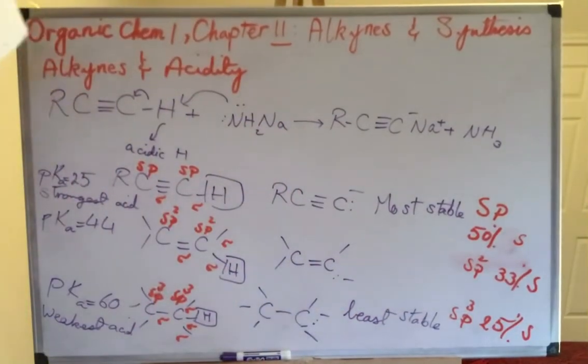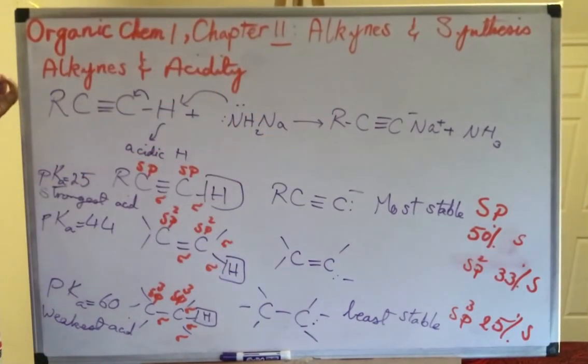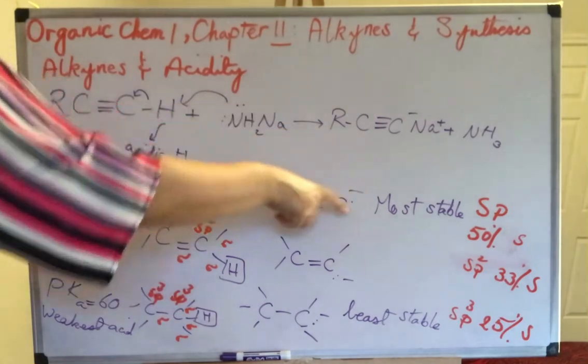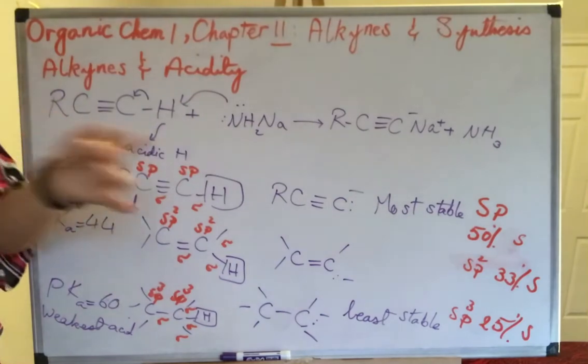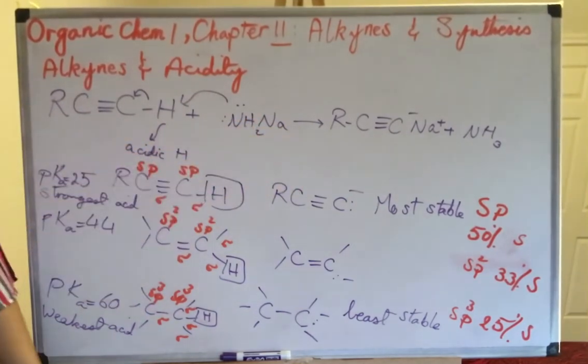We know that S orbitals are smaller, so electrons are closer to the nucleus in S orbitals. So the sp hybrid makes this anion and the negative charge more stable on it.